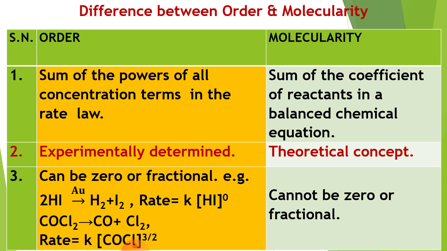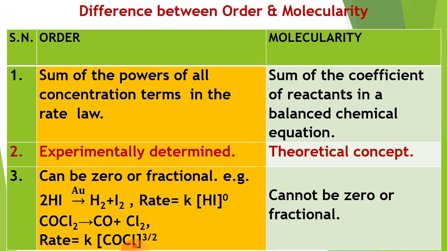Third, order can be 0 or fractional, but molecularity cannot be 0 or fractional. Here some examples are given. 2HI on a gold surface gives H2 plus I2. For this, the rate of reaction does not depend upon HI. That's why it is a zero order reaction. One more example is given for the fraction.